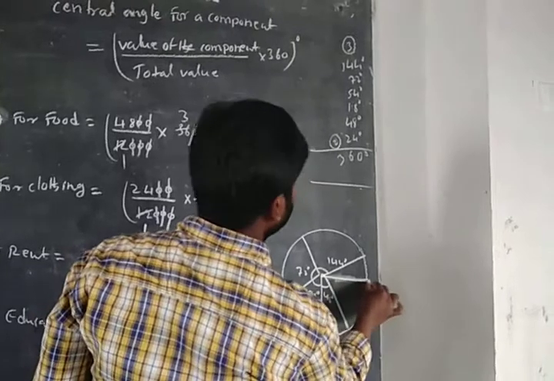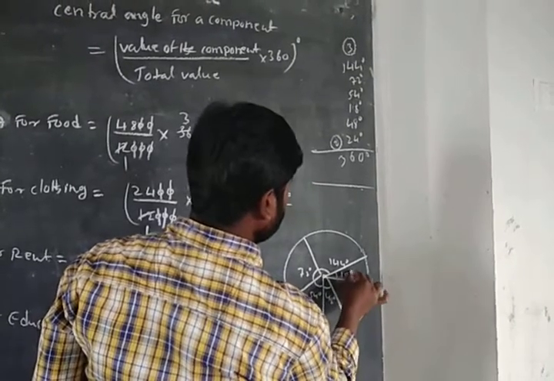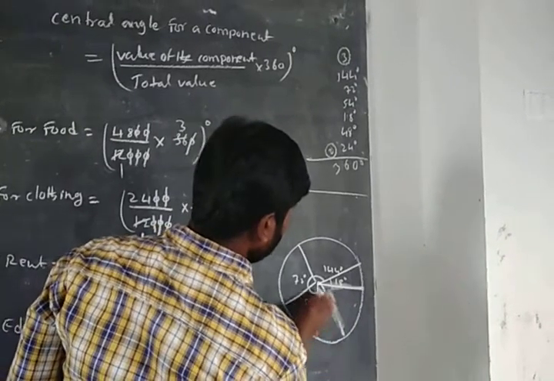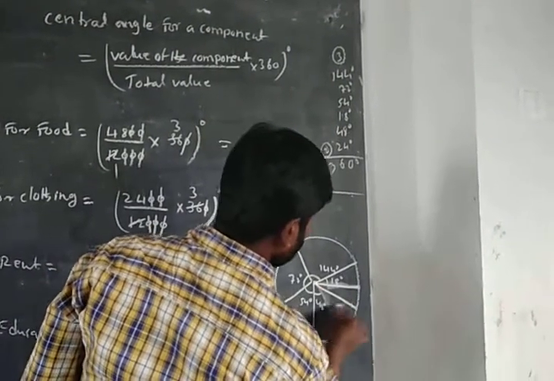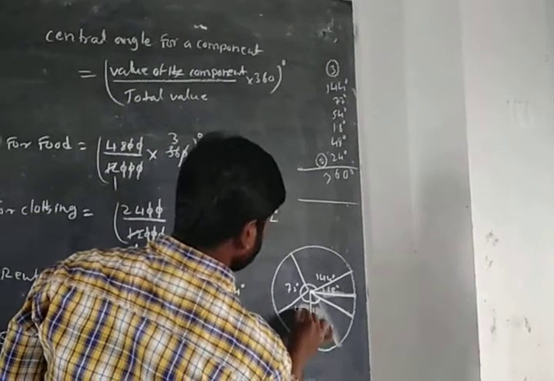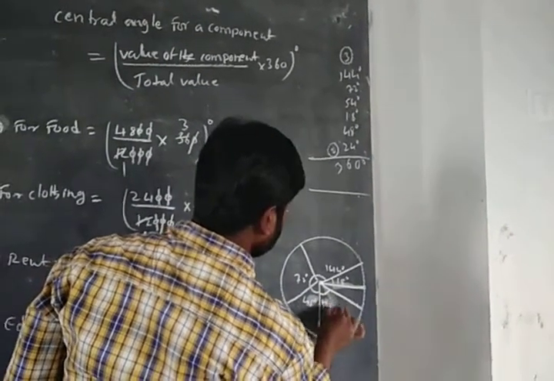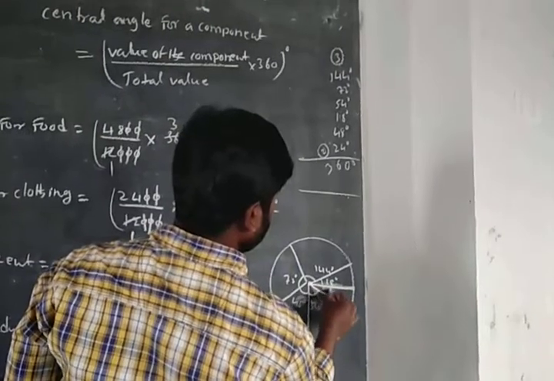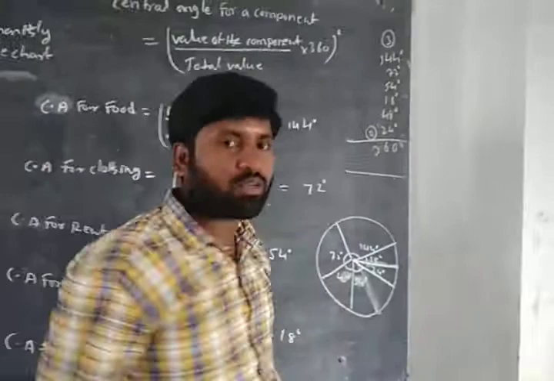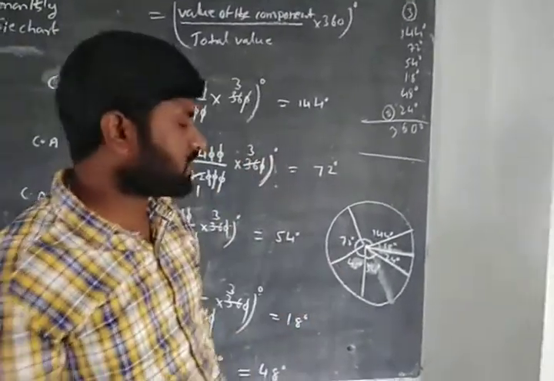So this one is 18 degrees, and 48, 54, and this is 24. So approximately, for your understanding purpose, I draw like this.